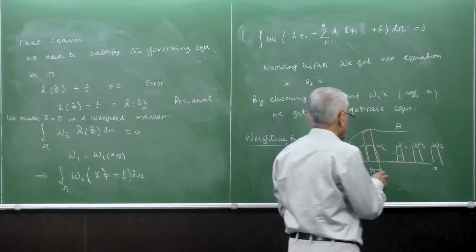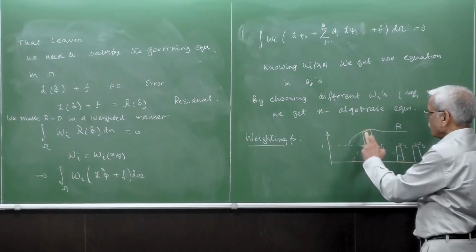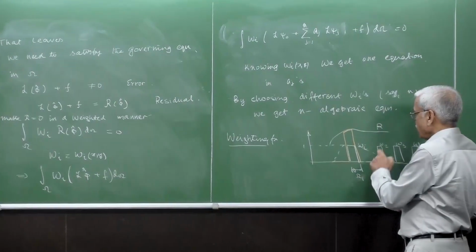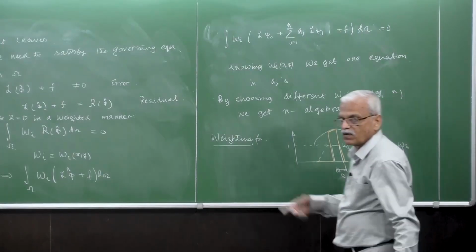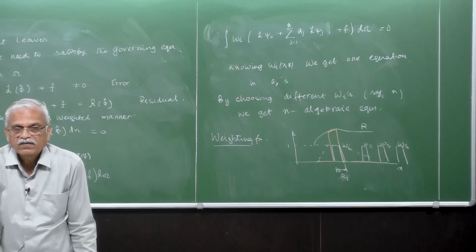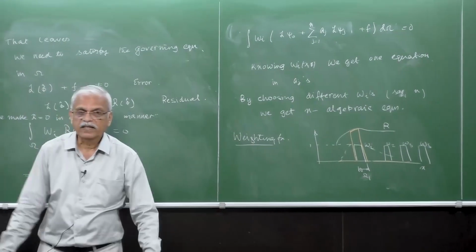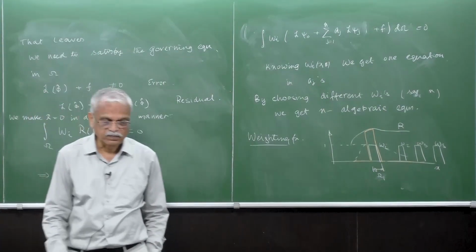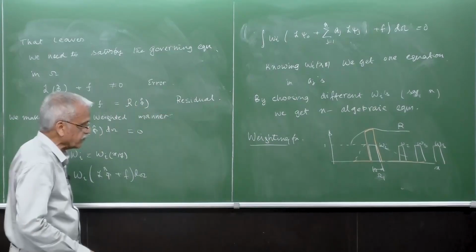You can very well see that by taking these small stepwise weighting functions, you are making the integration of the residual here 0, and here 0, and here 0. So if you have n such things, n tending to infinity, you are making the residual, that is the error, 0 all over the domain omega. Okay, I hope you got this picture. So that is that part.